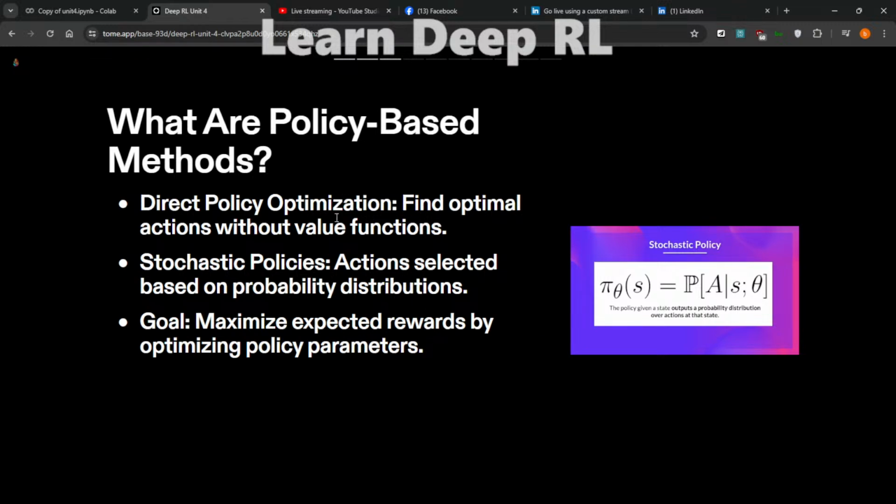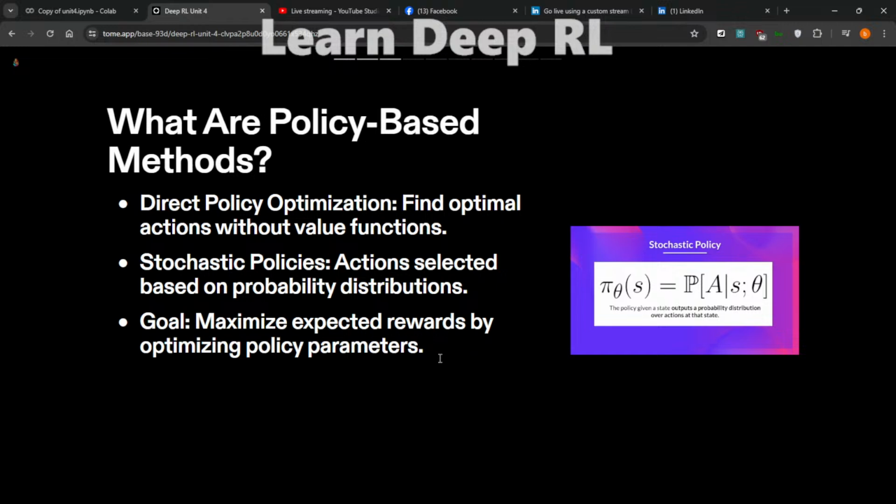What are policy-based methods? Some important concepts. We can do direct policy optimization, which is finding optimal actions without value functions. Or we can have stochastic policies, where actions are selected based on a probability distribution. The goal is to maximize expected rewards by optimizing policy parameters. When we were doing deep Q learning, we wanted to get optimal values in our Q table, specifically in Q learning without the neural net.